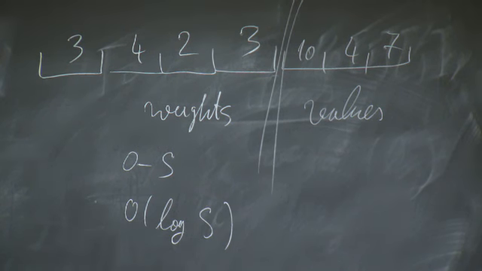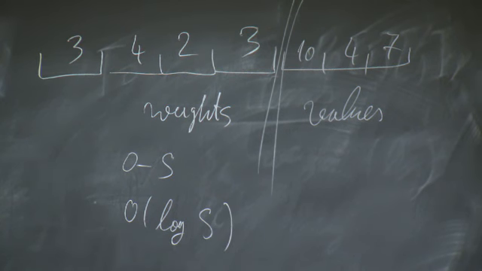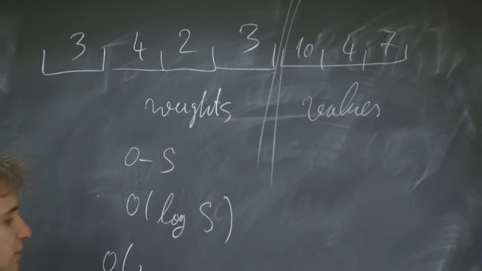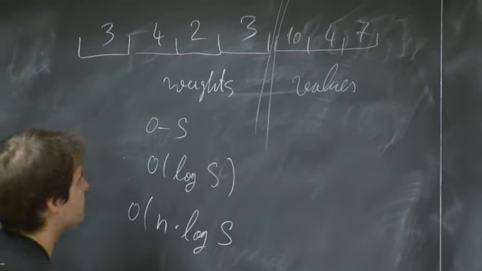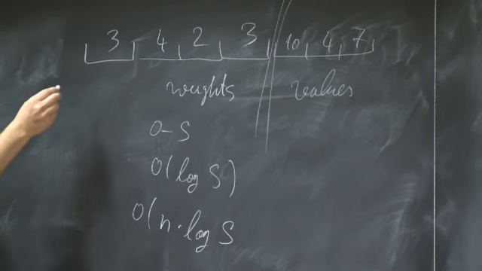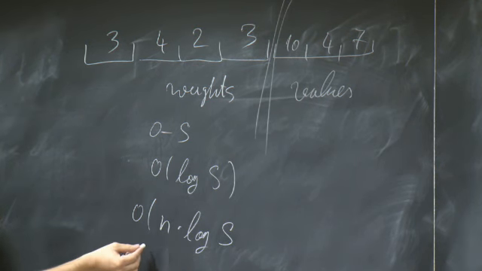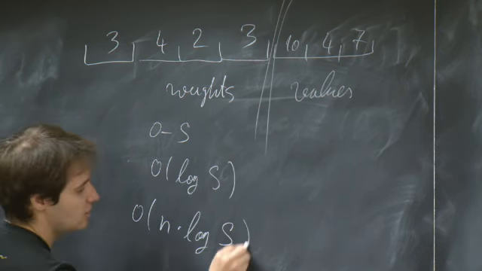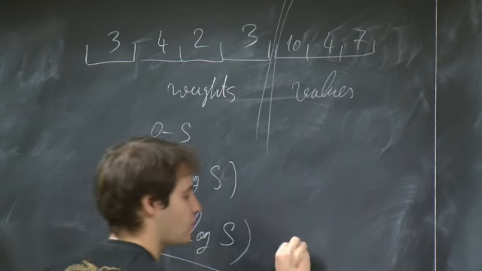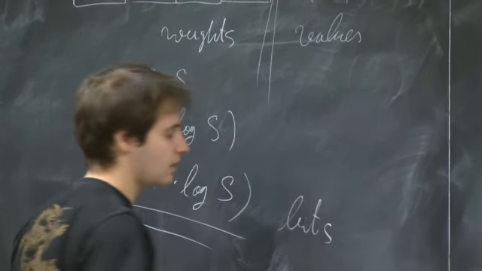Times the number of items. Yes. So if I want to represent all of them, I have order of n times log s, plus the number of bits required to represent n. This is log n. Since log n is smaller than n, I'm not going to add it here. So this is my input size. This is how many bits I need for the input.